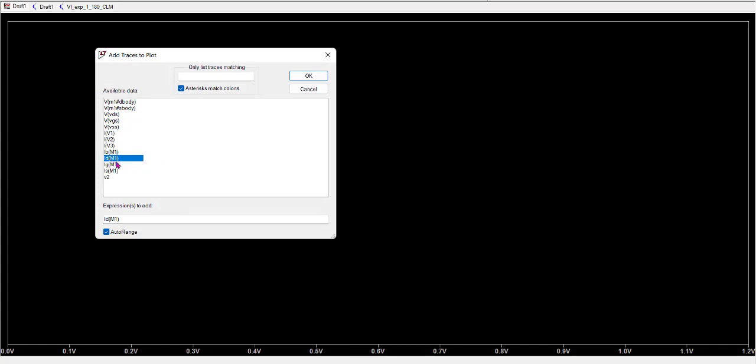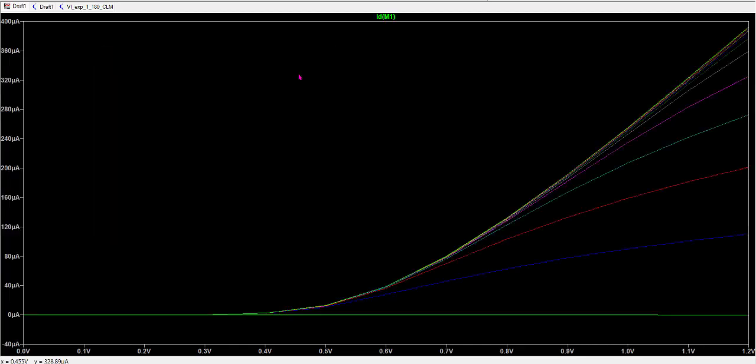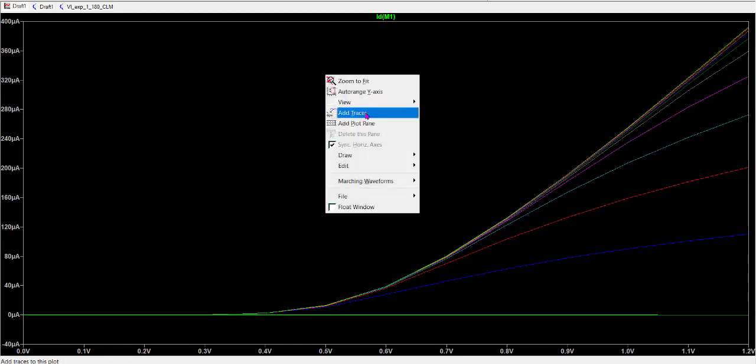So if you can see, ID(M1) is written. M1 is the MOSFET. Okay. So if I do OK, you see this is how the input characteristic looks. Is it clear? Right. Now it is showing different values, right? Different colors are here. So let us see what those colors are.